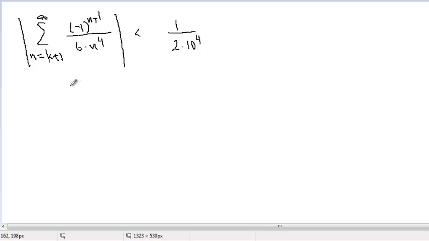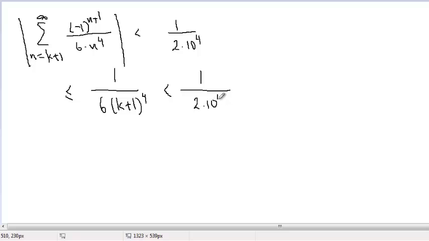And remember, when we talked about the remainder for alternating series, I know that this alternating sum here is smaller than the value of the first element. So what will be the first entry? Forget about the negative 1 part. The first entry will be 1 over 6 times k plus 1 to the power 4. So it's my goal to keep this expression less than 1 over 2 times 10 to the power 4.